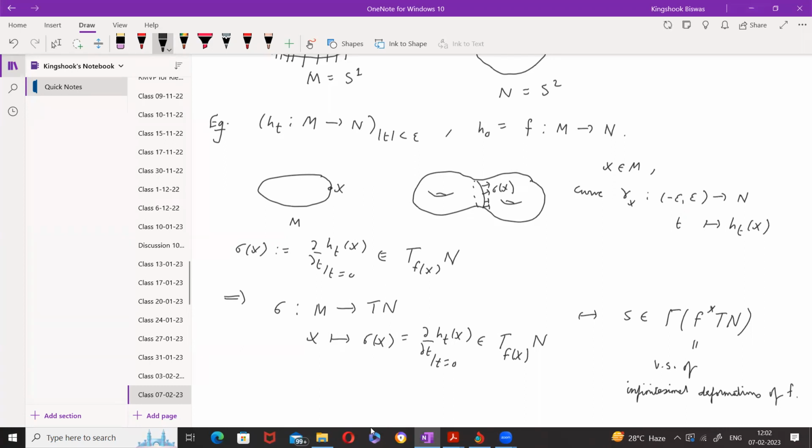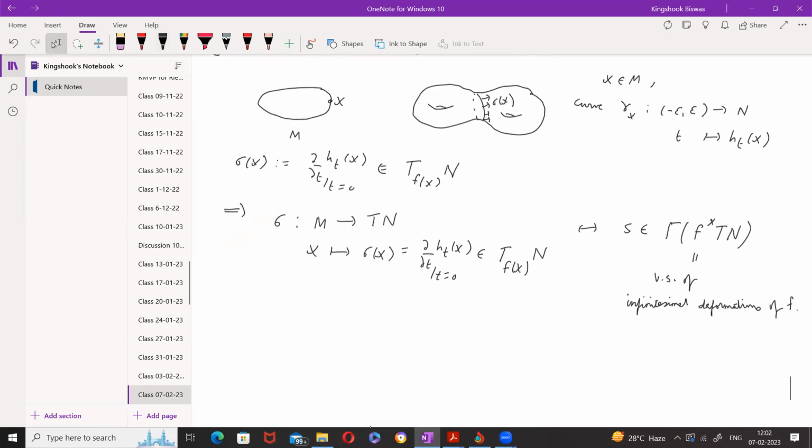So the space of maps from M to N is, in a sense, some sort of infinite dimensional manifold. And the tangent space to that manifold is, heuristically, the space of sections of the pullback F star TN. You can think of this as an infinite dimensional vector space.